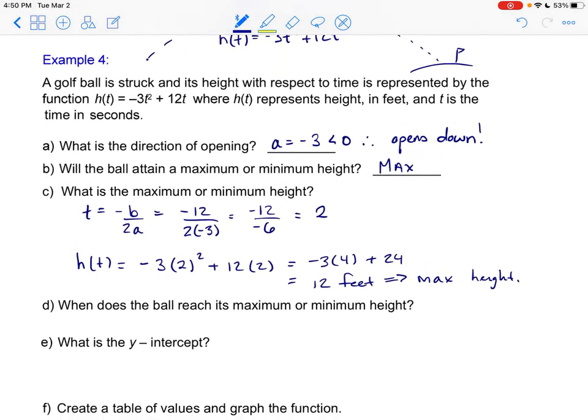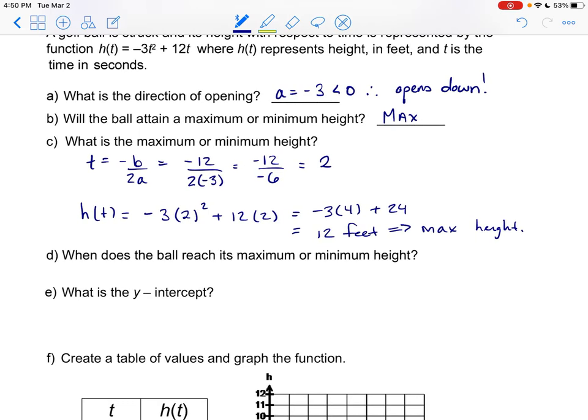Okay, so let's keep going. When does the ball reach its maximum or minimum height? Well, we just calculated that already. It's when t equals 2 seconds. Again, that's the x-coordinate of our vertex. What is the y-intercept?